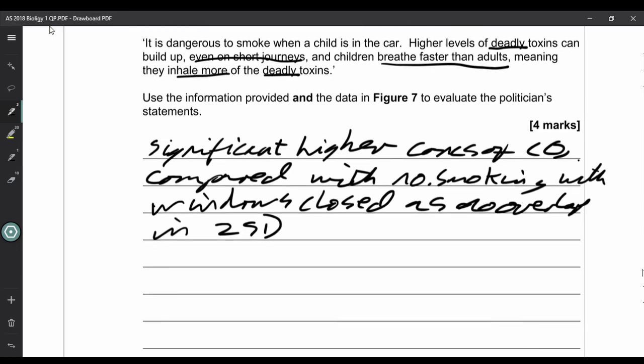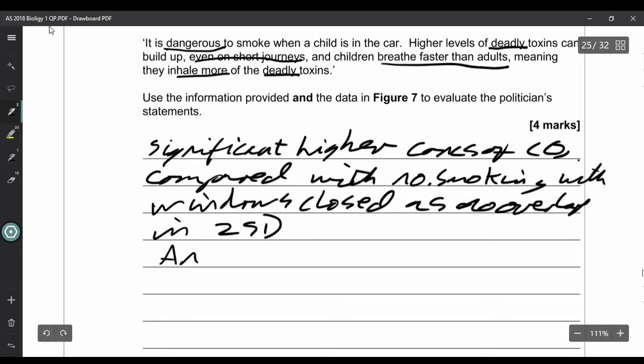So the other thing that the politician says up here is that it's dangerous to smoke when a child's in the car. Well, that's true, because we know that any increase in carbon monoxide could be dangerous, because we've been told that it can bind to hemoglobin, so it's going to have less oxygen to be carried around the body. So again, this is another thing backing up what the politicians said.